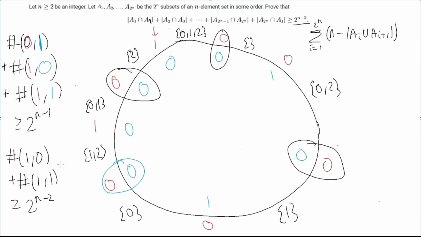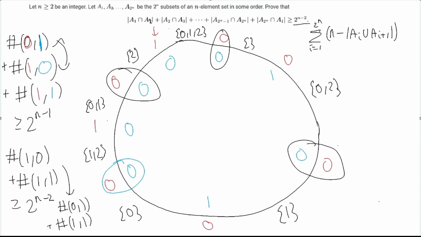And moreover, because of these two sums, this one is also equal to number of 0, 1 plus number of 1, 1. And why is this the case? Well, because of this identity we had here. And because they're equal, we end up getting that these two terms are equal.